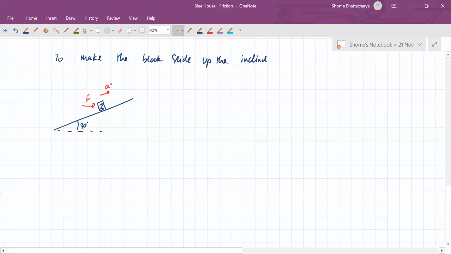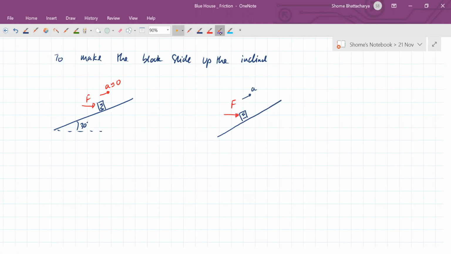It's just about starting to slide, so acceleration is tending to 0 but it is sliding up. So in this case, you can see the friction will be acting, so we need a much larger amount of force. Because if the block is moving like this, then there will be kinetic friction acting like this.